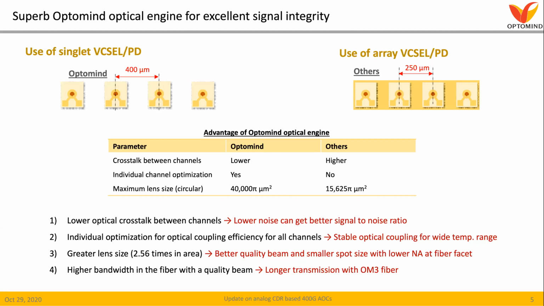We could optimize optical coupling for all channels and get stable optical coupling over a wide range of temperature. A bigger lens diameter can make better quality beam and smaller spot size with a lower numerical aperture at the fiber facet. Then we could get longer transmission with standard OM3 fiber by lowering the modal dispersion.